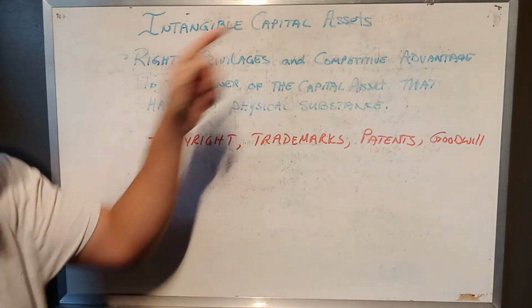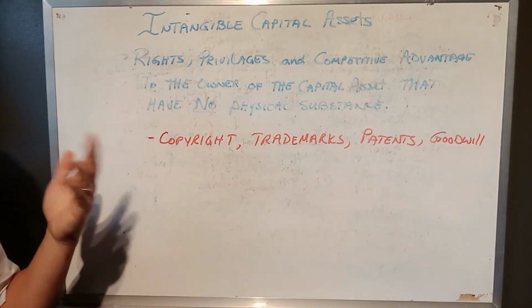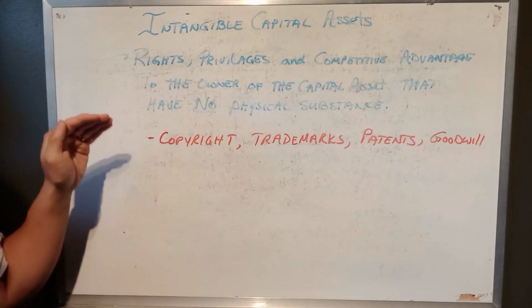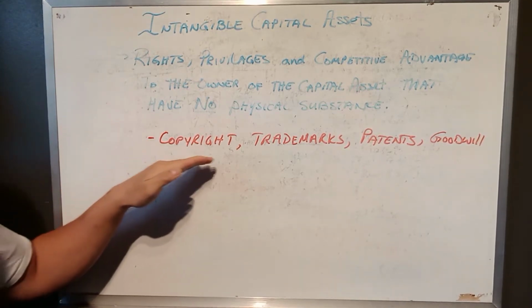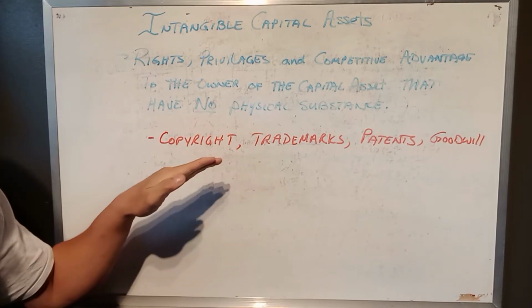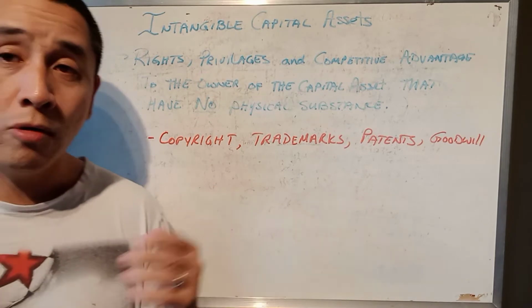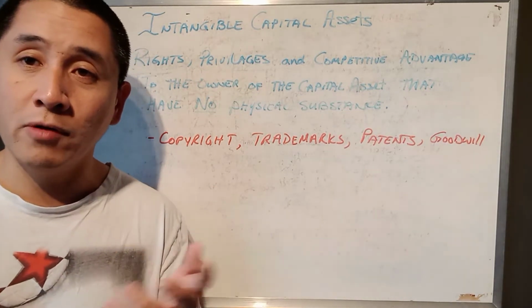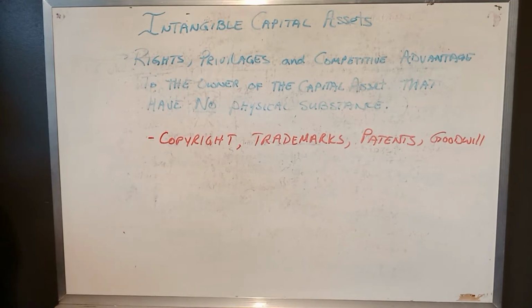For intangible capital assets, it's the same concept, but it's called amortization. Usually the only method used to amortize is the straight line method. If you haven't seen my tutorial on the straight line method, please do so. It's very informative, and it goes through a numerical example.